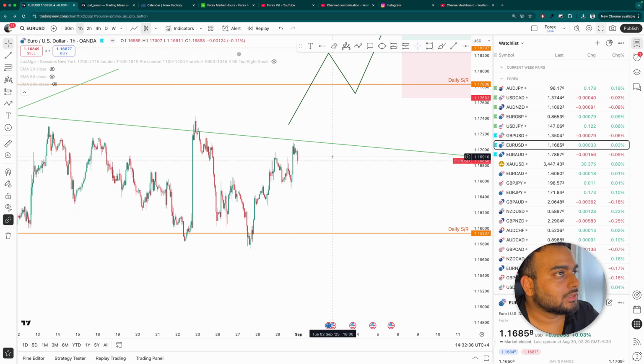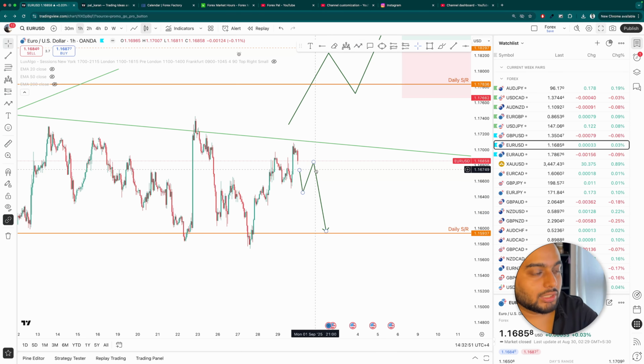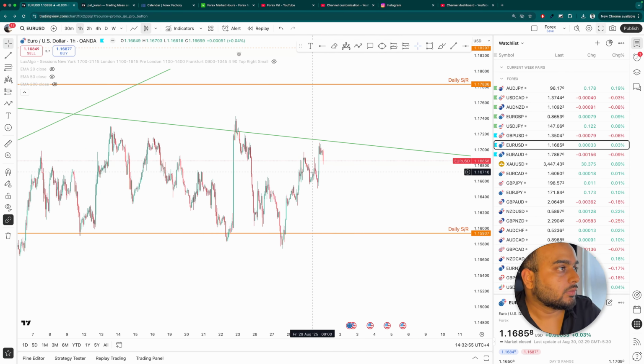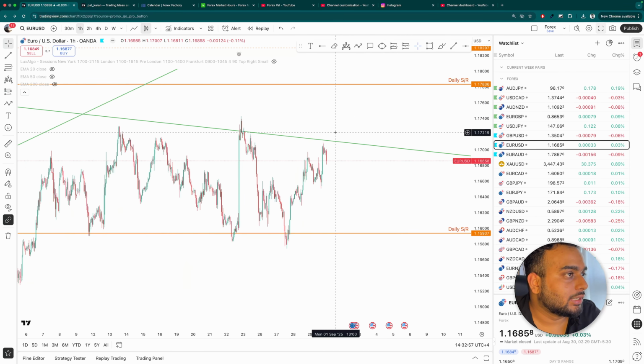So the price might open somewhere around here. It might go something like this, and then this to go down. Or the best way to sell would be for the price to hit the trend line first.